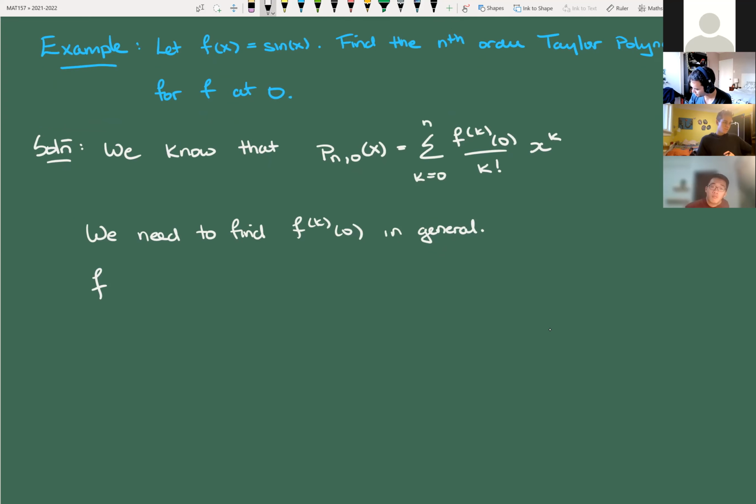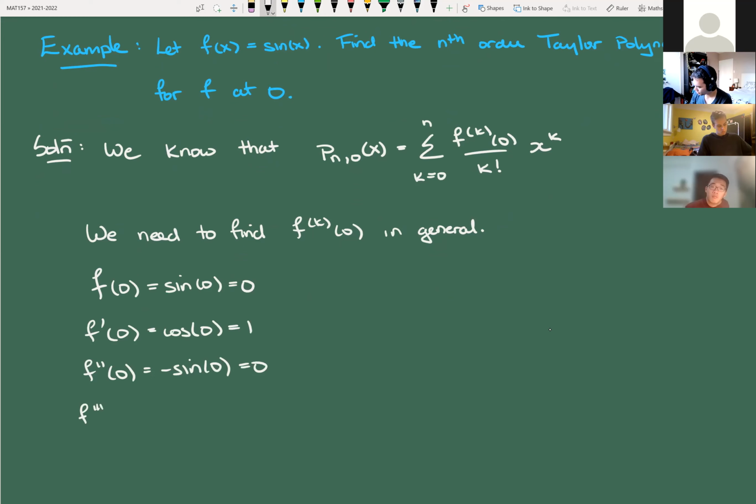So we're going to get f of 0 is just sine of 0, right? So that's 0. Now the derivative of sine is cosine. So if I plug that in, I get 1. Second derivative is negative sine. All right, that gives me 0. F triple prime is negative cosine.